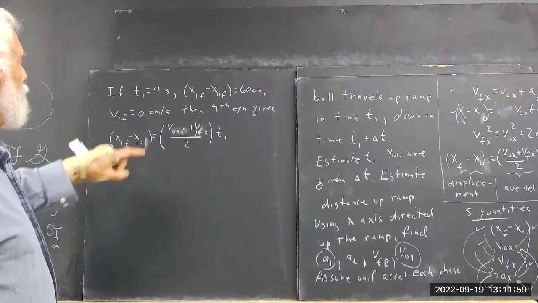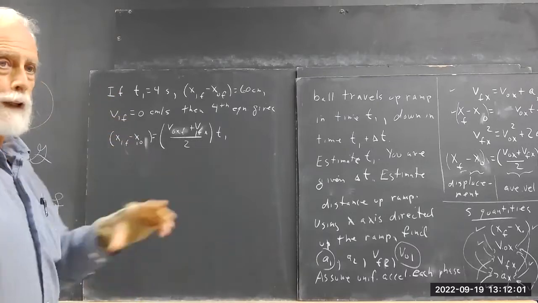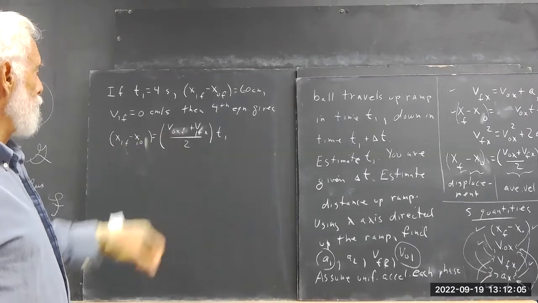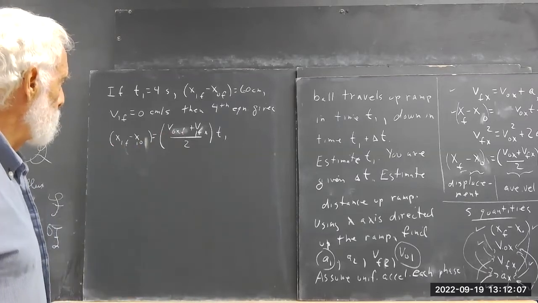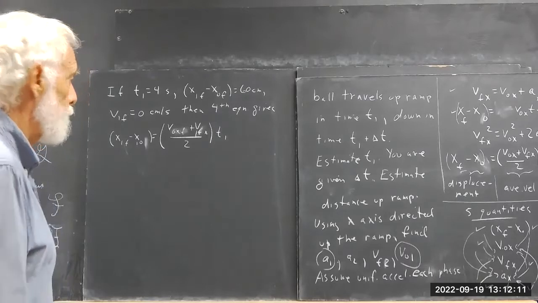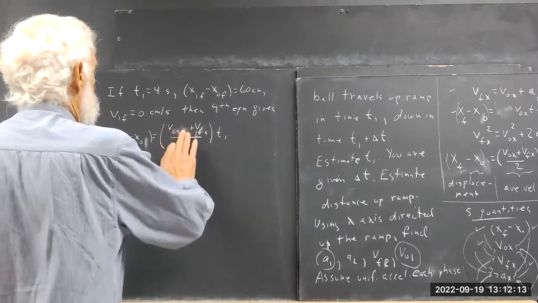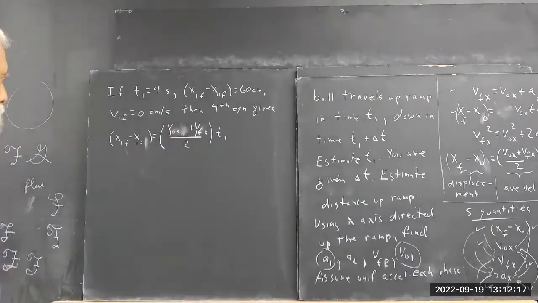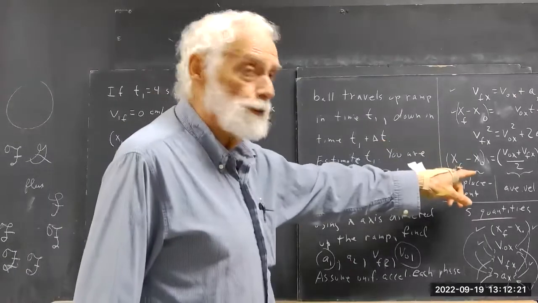So since we're talking about a phase 1 and a phase 2, we have to use subscript 1 on all these variables. And I didn't do it here either. Verify it. Okay, so it's xf minus x naught.